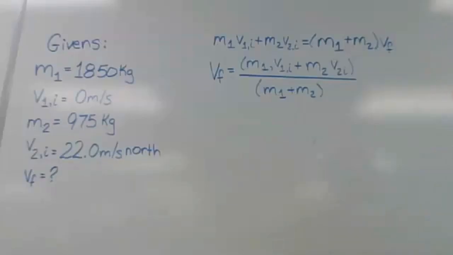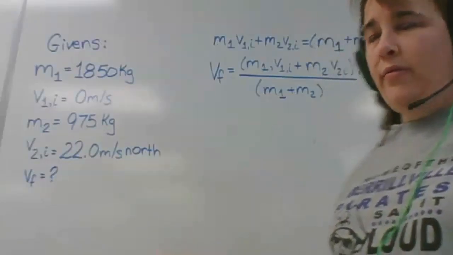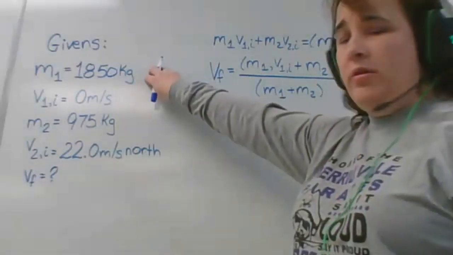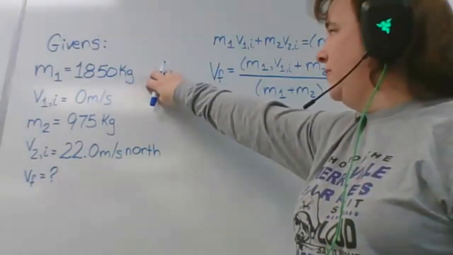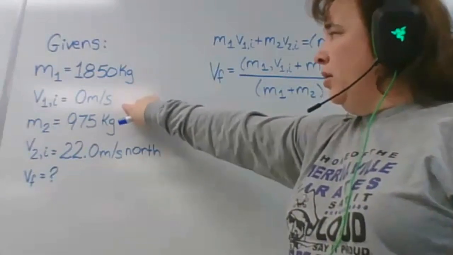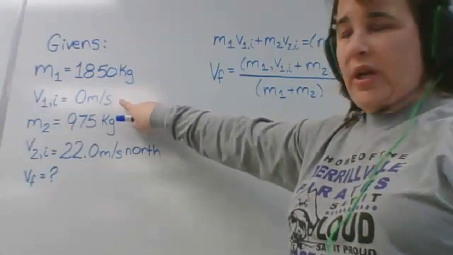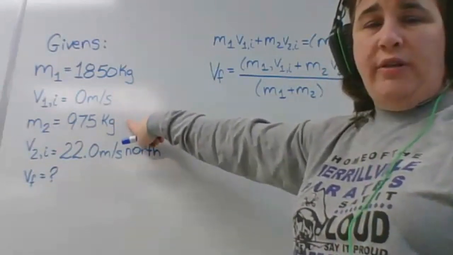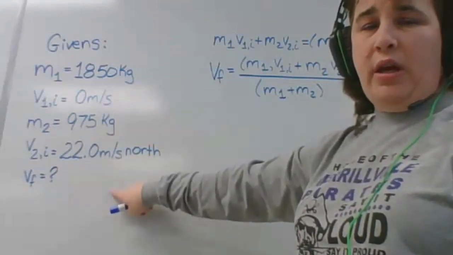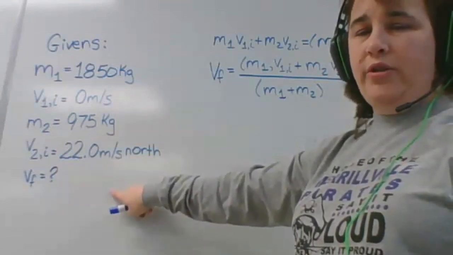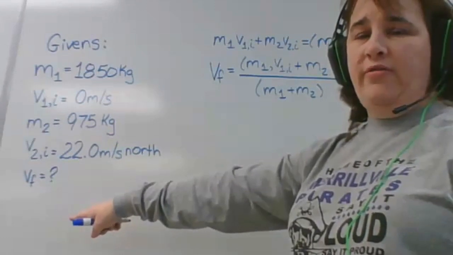All right, so let's do the example. We have the mass of the first vehicle being 1850 kilograms, going 0 meters per second. The second one is 975 kilograms, going 22.0 meters per second to the north. We're looking for the velocity final.